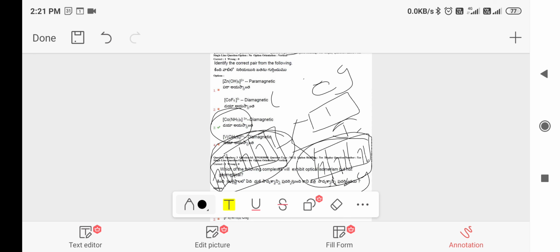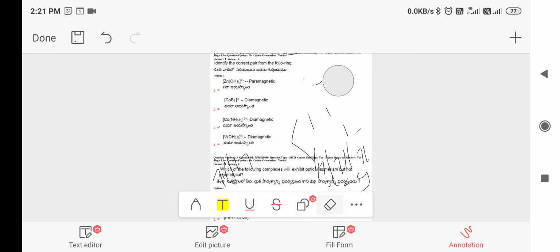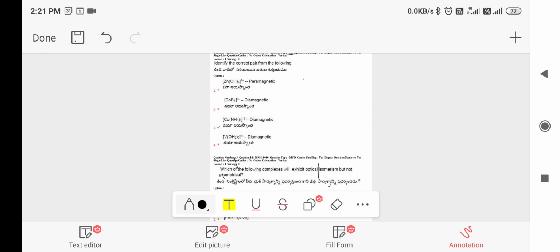All are paired, so this is a diamagnetic complex, an important example. So this option is the right answer. You can verify the same concept for the remaining two complexes. Thank you.